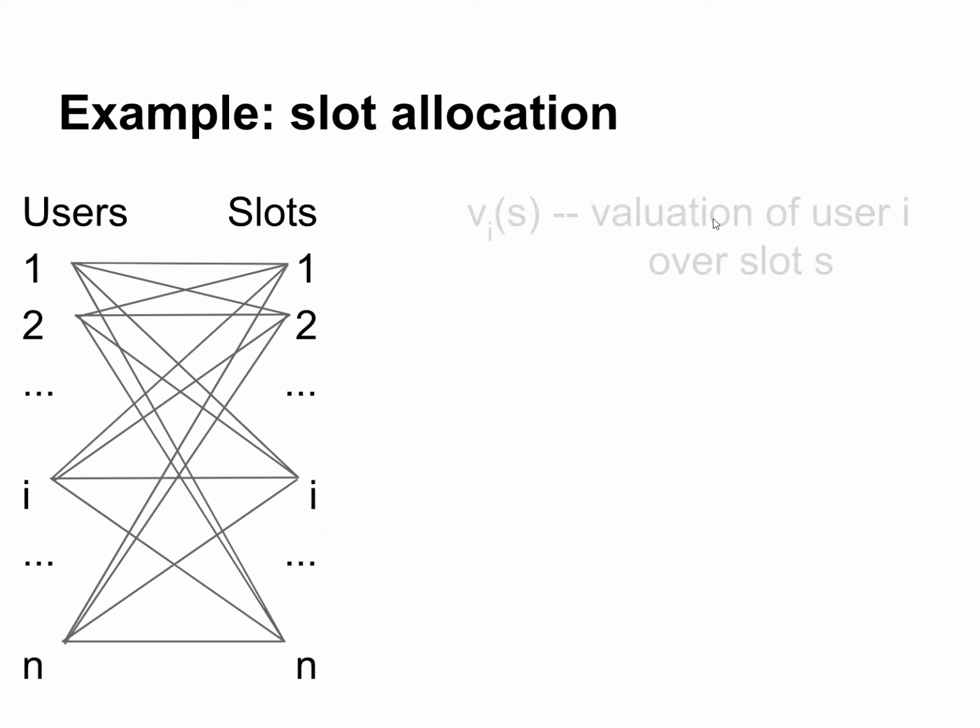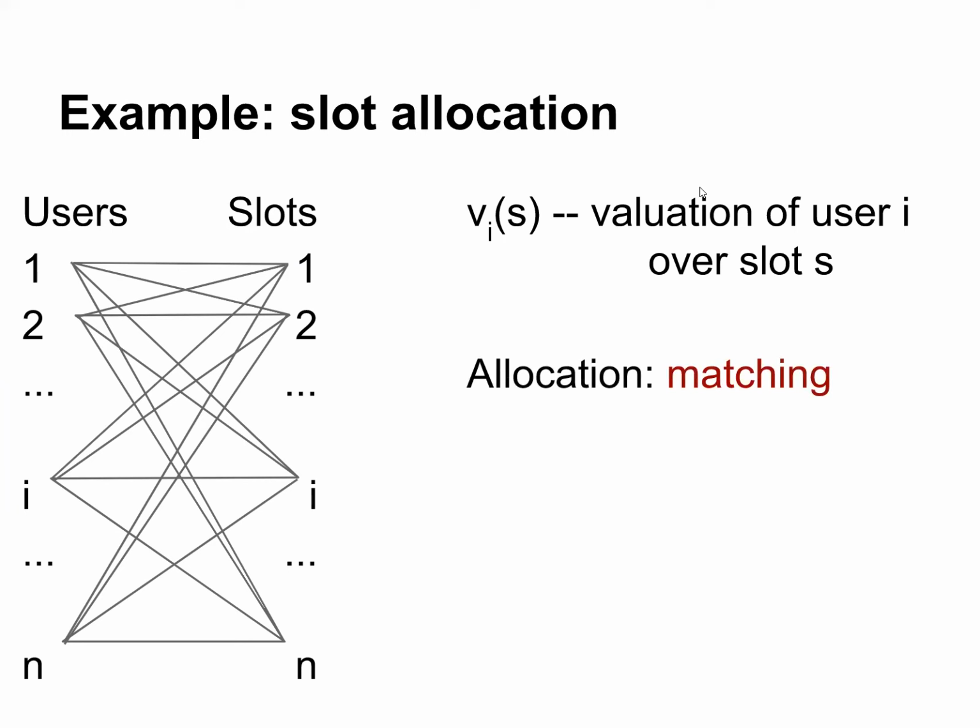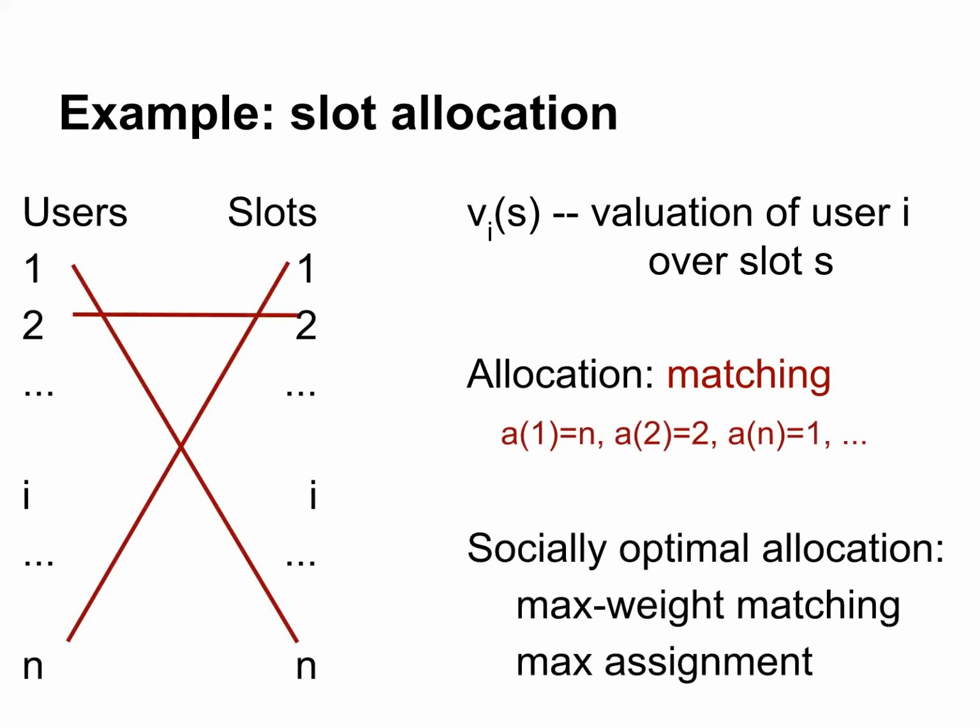Well, we're looking for a matching. So every user has a valuation for a certain slot, and we want to match the users to the slot, one-to-one matching. For instance, something like this. And the socially optimal allocation is the one that maximizes the weight of this matching.